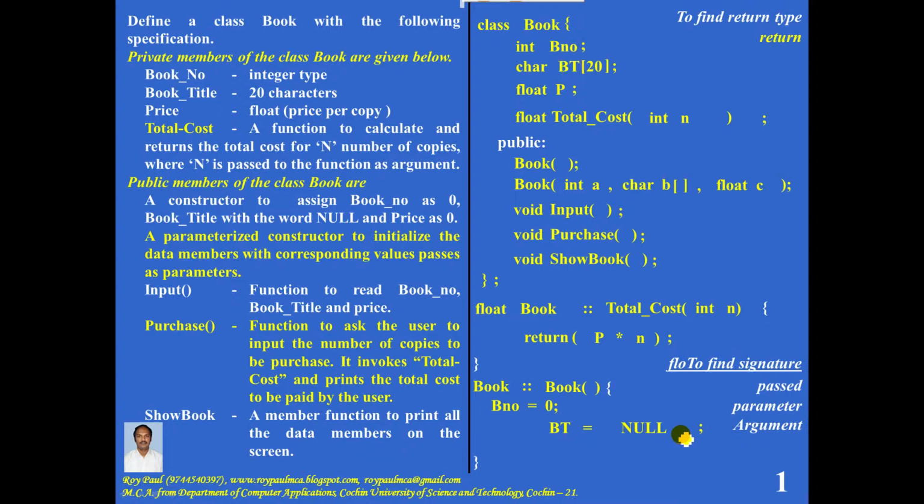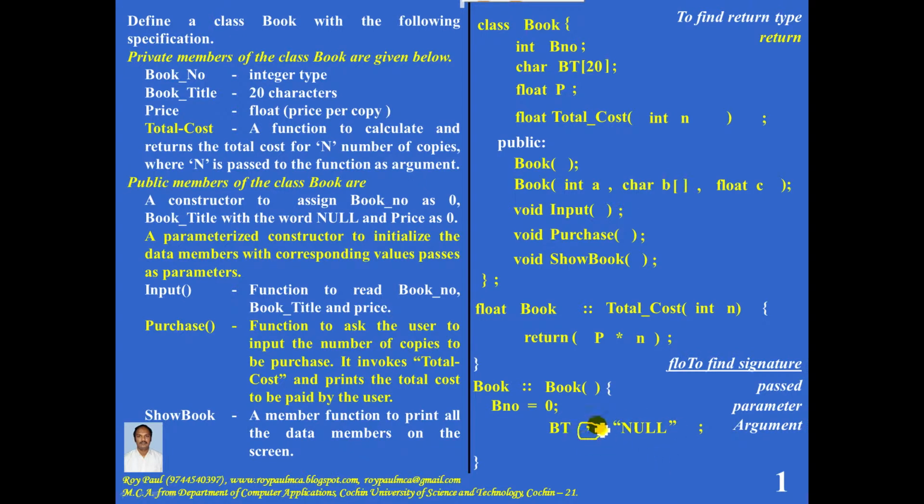And here two mistakes are there. One, null is a word or string or array of characters. A string constant must be inside double quotes. Second mistake, in order to assign a string to an array of characters, don't make use of assignment operator. That must be replaced with a string copy.